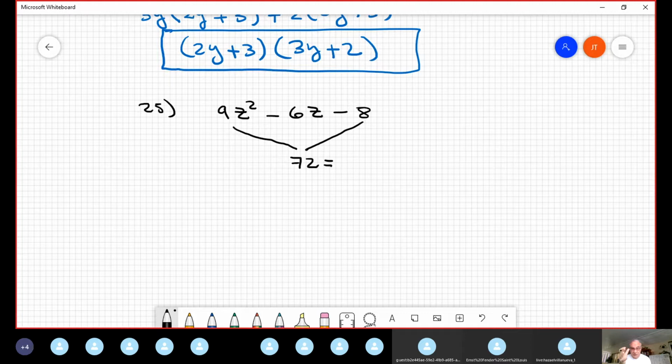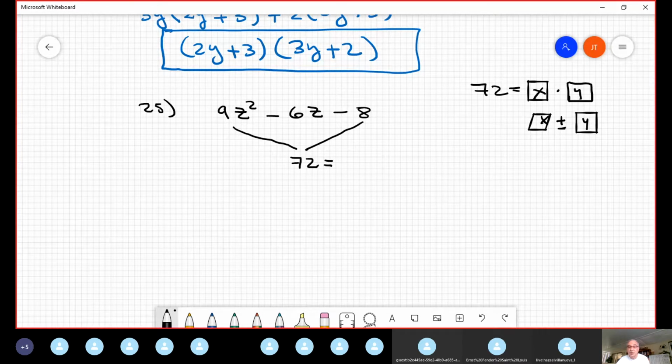Try to think about two numbers that multiply to give me 72, and whose addition or subtraction gives me 6. I don't care about the sign.